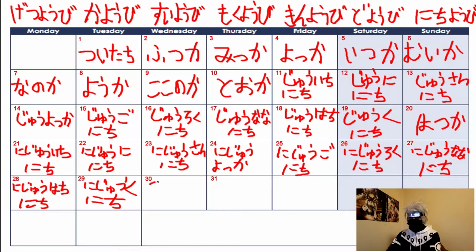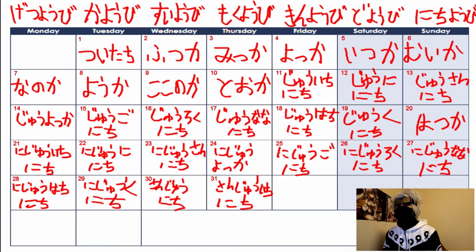How about 30? That's 30日. How about 31? That's 31日.